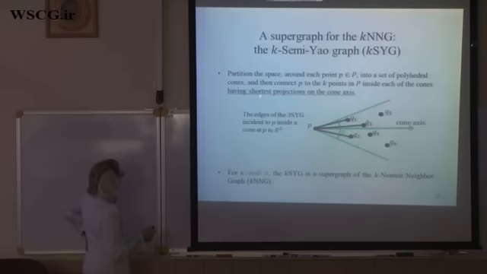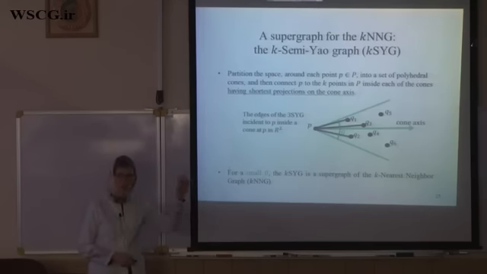In each cone, what we're going to do is connect the cone vertex to the k points inside that have the shortest projections onto the cone axis. So you're not going to maintain their distances. We're just going to keep track of whose projection onto the cone axis is the shortest.